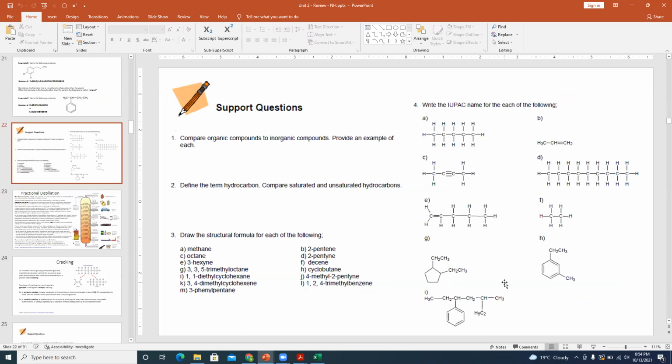We could talk about maybe some of these support questions. Do you guys want to try any of these? Any of these seem like things you might want to try?